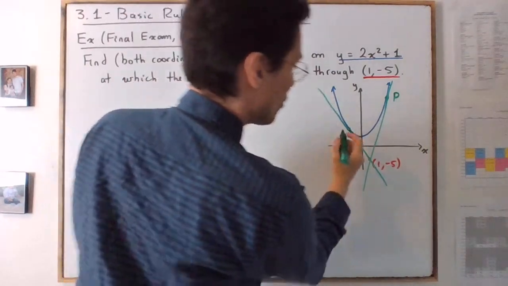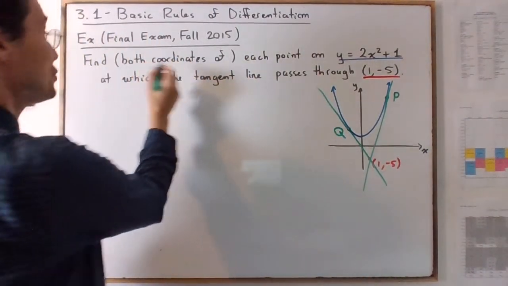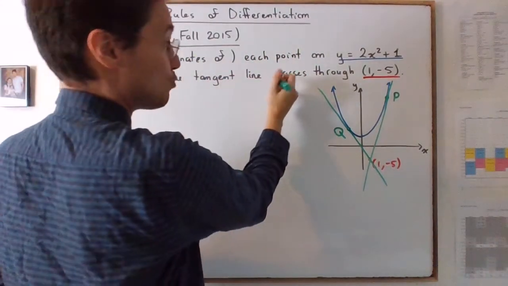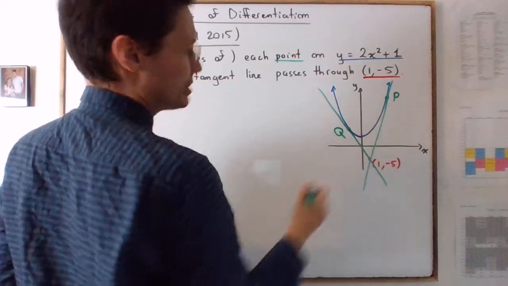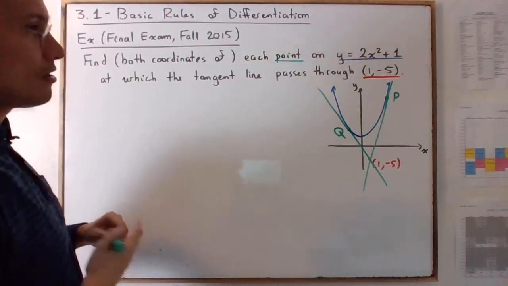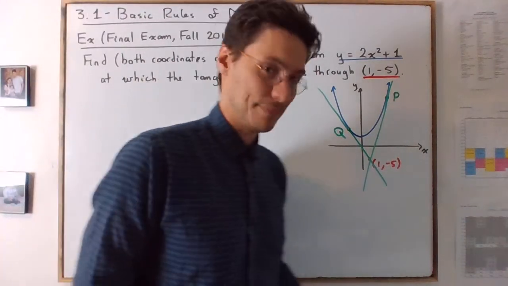What you're really looking for are these 2 points, P and Q. Find both coordinates of each point on the curve, the green points, for which the tangent line is passing through this point.